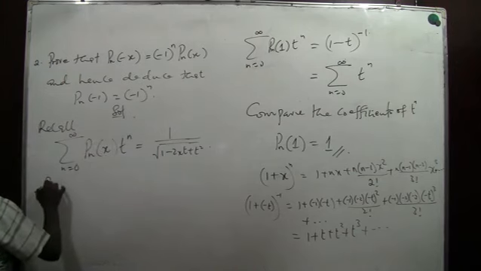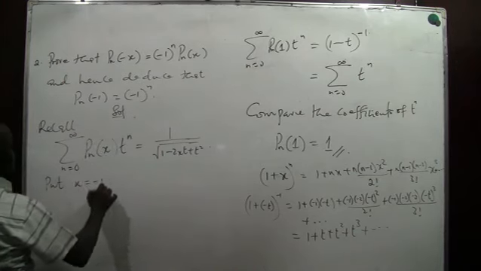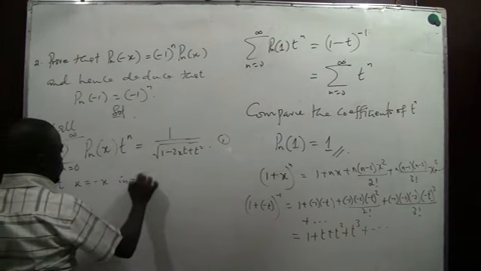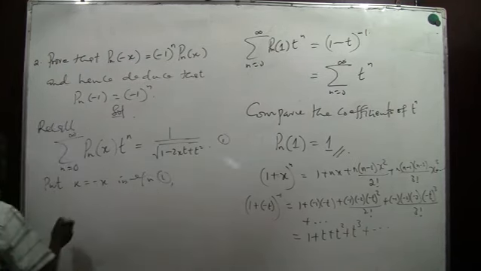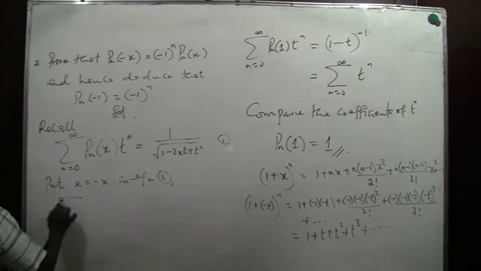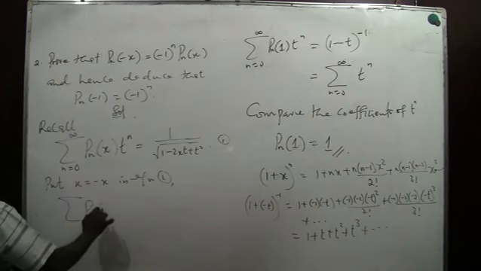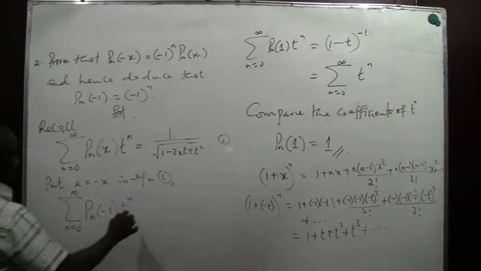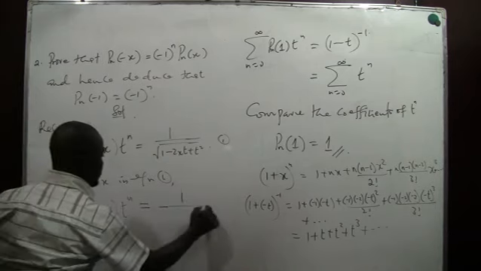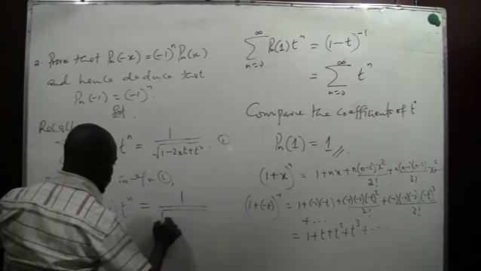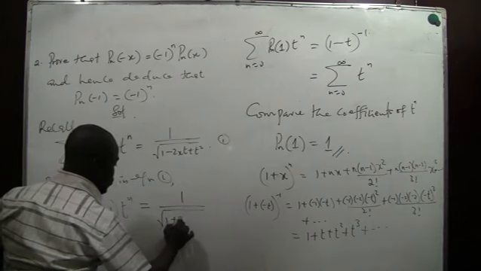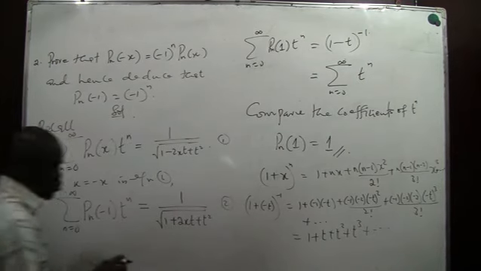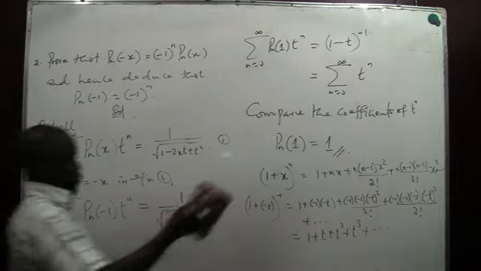So we put x equals to minus x in equation 1. So we have summation Pn of minus x t raised by n from 0 to infinity equals 1 divided by square root of 1 plus 2xt plus t squared. Call this one equation 2.